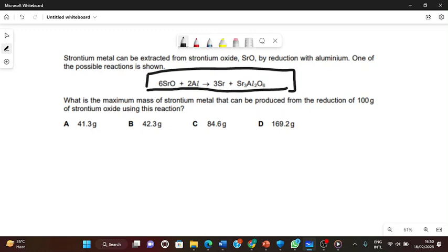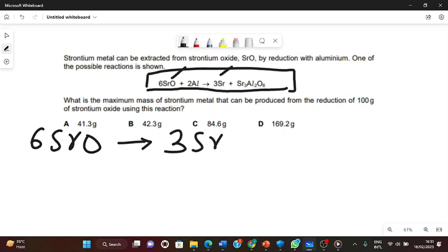So on the reactant, 6 moles of strontium oxide reacts to form what? 3 moles of strontium.